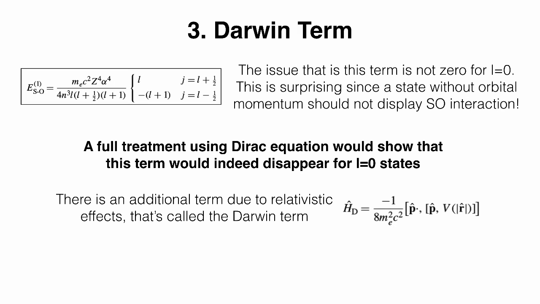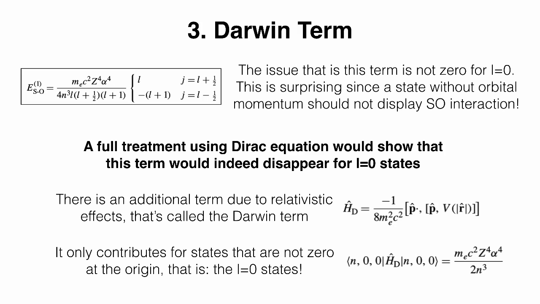And this Darwin term is actually obtained by this operator, which is now an operator which is a commutator between the P operator and another commutator between P and V. We are obviously not going to do this here, but the point is what we find is that we can find the correction due to Darwin only for those states that are non-zero at the origin.